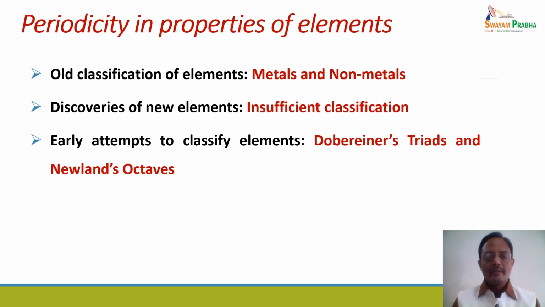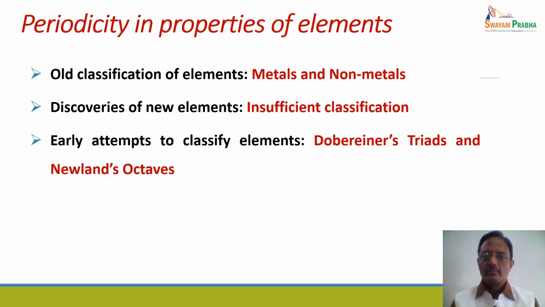Various attempts were made from the early 19th century till date. The early classification started in the early 19th century with the attempts made by Dobereiner and Newlands, followed by Mendeleev in the 19th century, and at the beginning of the 20th century the attempt made by Moseley to classify the elements.